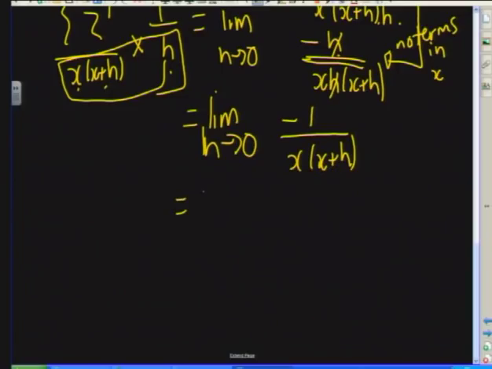So in other words, we can substitute h is equal to 0 in there. And I'm simply going to be left with minus 1 over x squared. Because if this is 0, I've got x plus 0, which is just going to give me x in that bracket. And then x times x is x squared in the denominator. So I'm left with minus 1 over x squared.